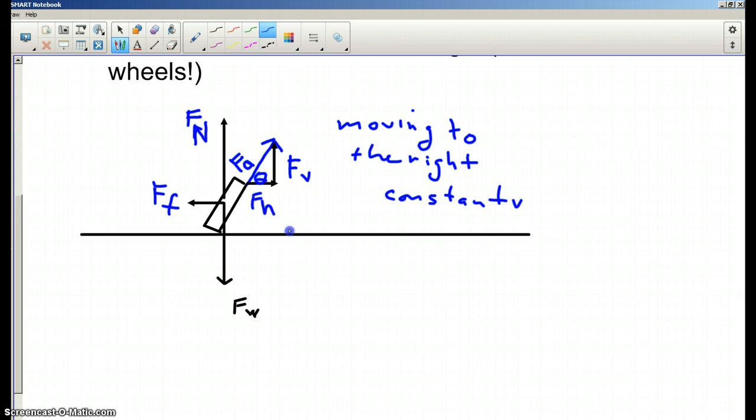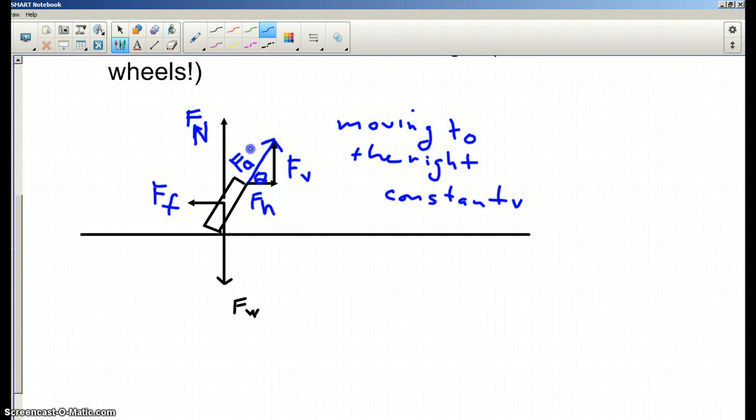In this situation, the presence of a vertical force means that the normal force will be different than it would be if the object were simply sitting on the ground. For objects at rest, the normal force is usually equal to the weight of the object. In this example, by exerting a force along the handle of the suitcase, part of that force is split into a vertical component that you might call lift.